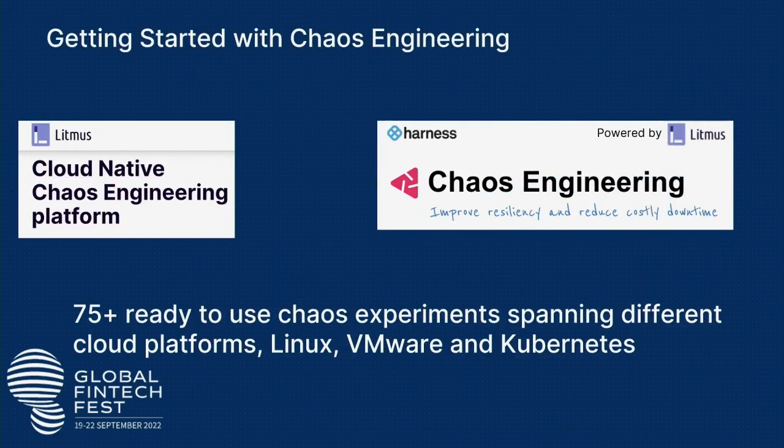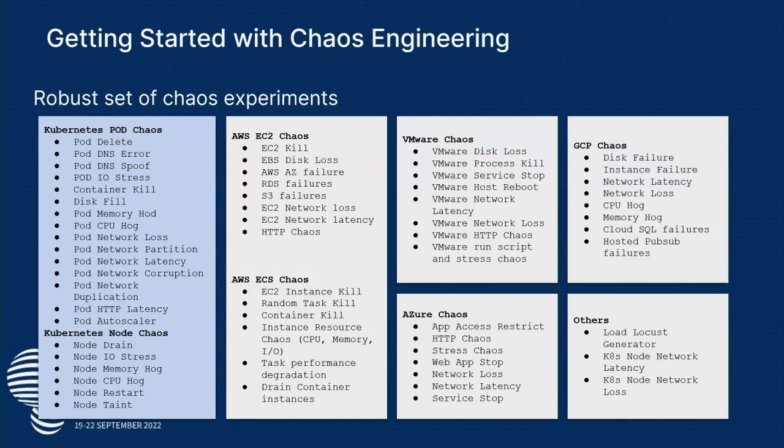So you have various options. You can start with Litmus, or Harness Chaos Engineering is powered by Litmus. It's an enterprise supported product from Harness. So you can start with any of these tools, or you have other choices as well. This particular product comes with a lot of ready-to-use experiments.